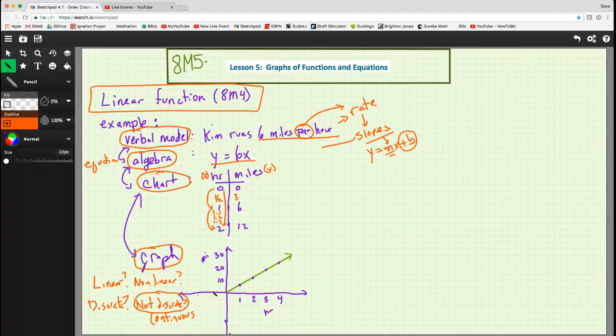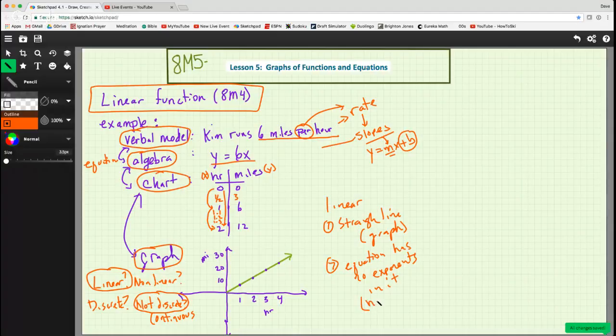Okay. Now, is it linear or nonlinear? Well, we know that this is linear. Why? It's linear for a number of reasons. 1, it's a straight line, and we see that in the graph. And 2, the equation has no exponents in it.